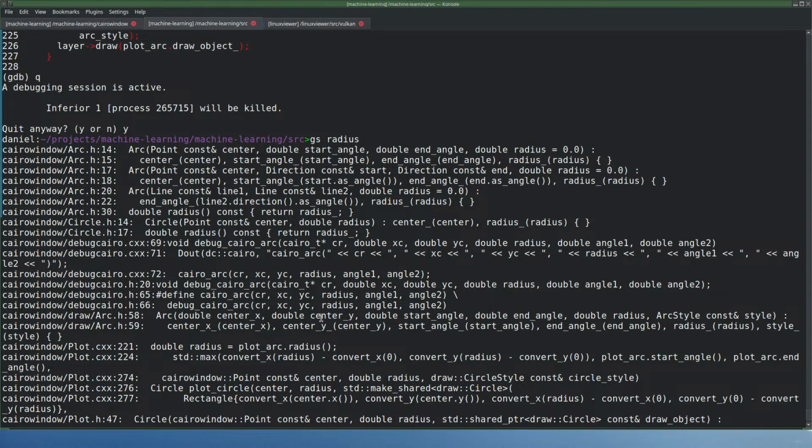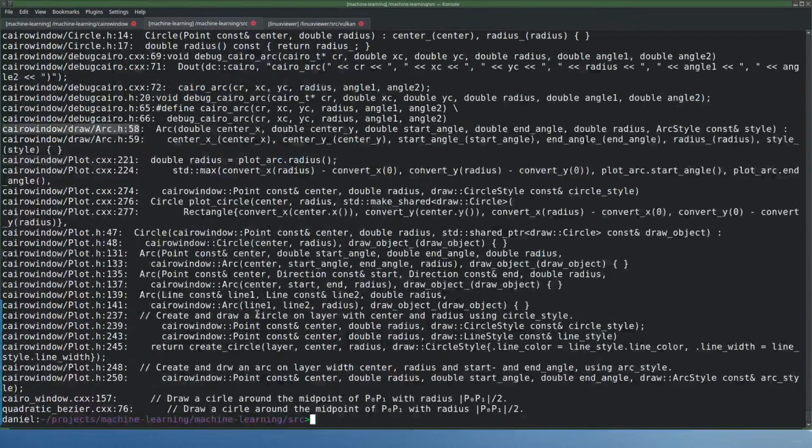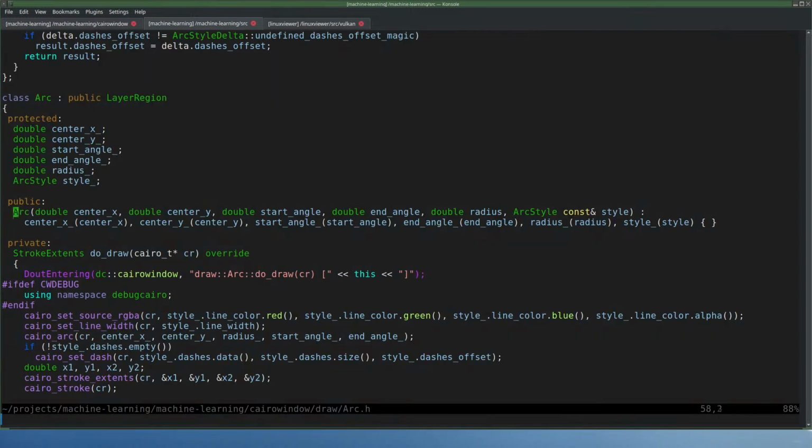And here I'm putting it behind it. So that's wrong. Well, that's the reason for the confusion. Let's put the radius always before the angles.